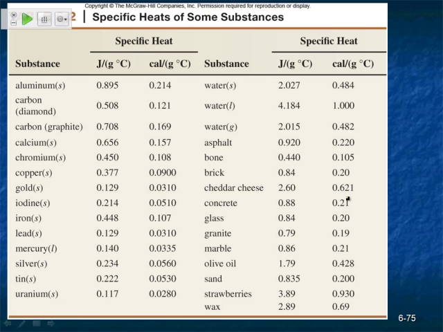Look at the metals and their specific heats. Say for example, aluminum, copper, gold, lead, silver, tin. Look at the specific heats of metals compared to, let's say, water.